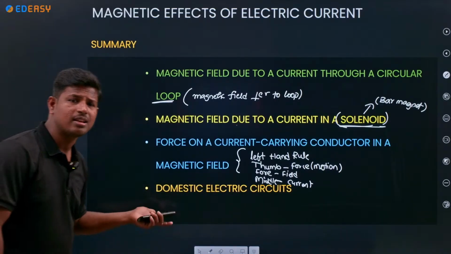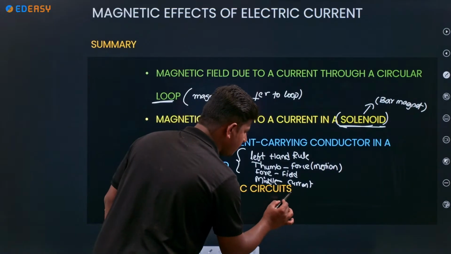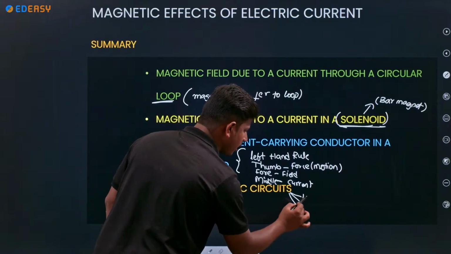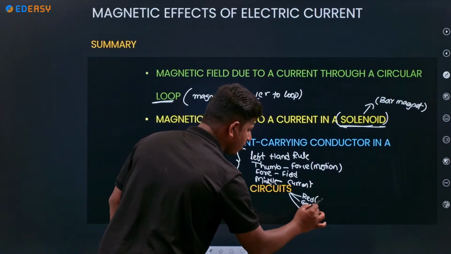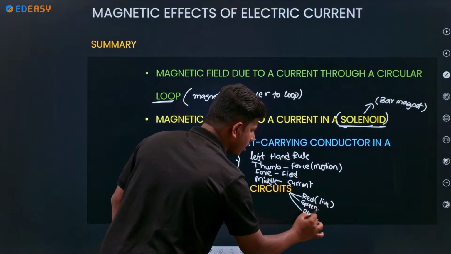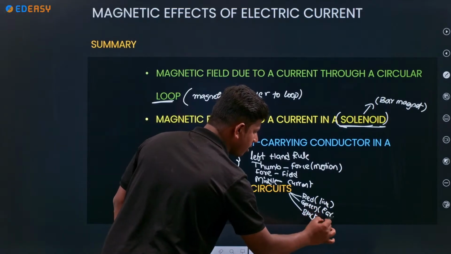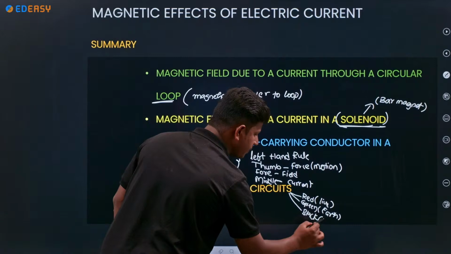Domestic electrical circuit. Which wires are present? We have three wires: red, green, and black. Red, live wire; green, earth wire; black, neutral wire.